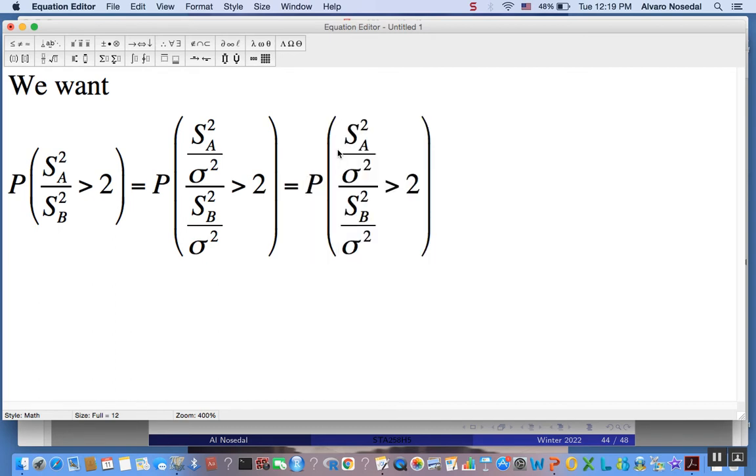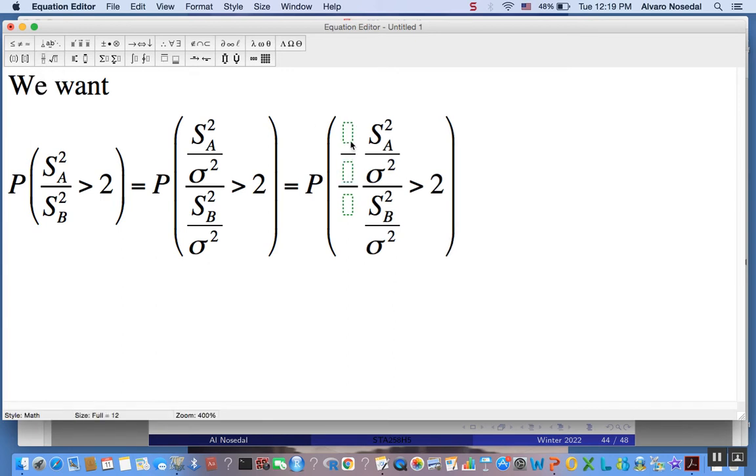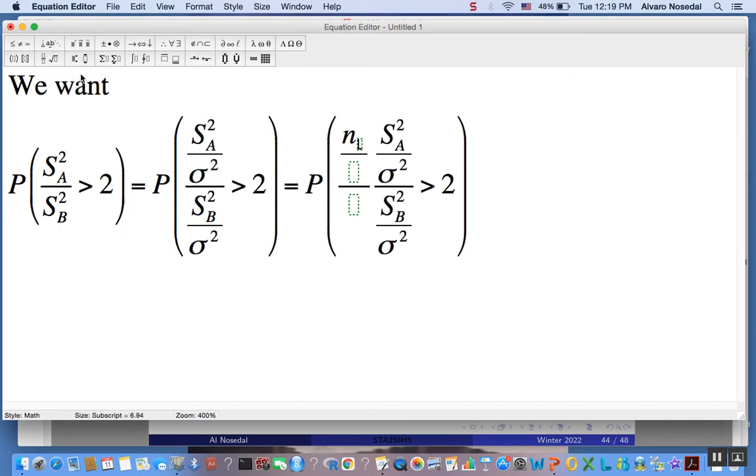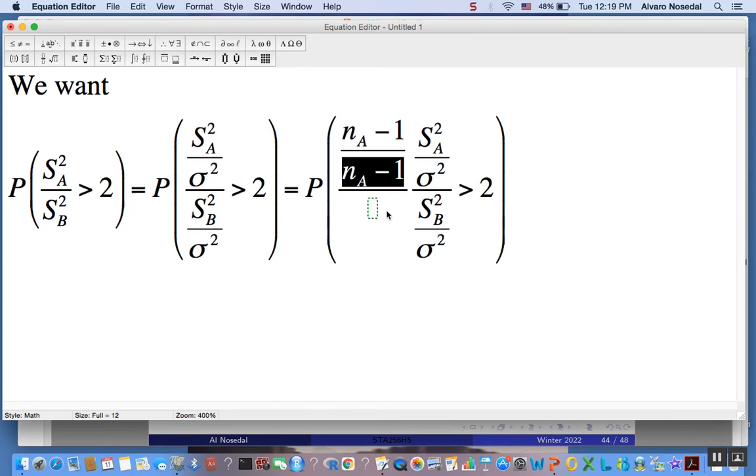Now what we're going to be doing is, how about I multiply by a 1, and my 1 is going to be looking like this: n sub a minus 1 divided by the same quantity. If I multiply and divide by that same quantity, then that's just a 1. Let me do the same here.